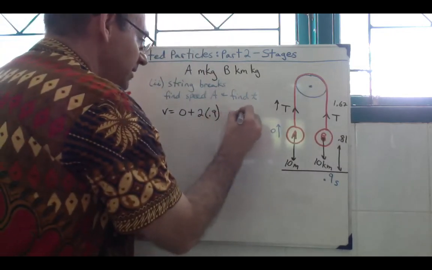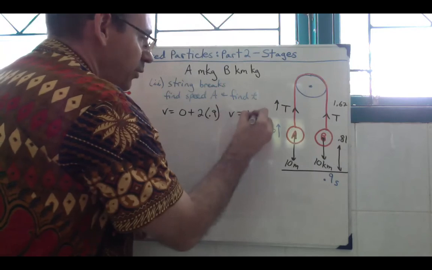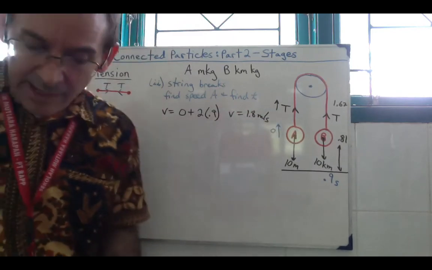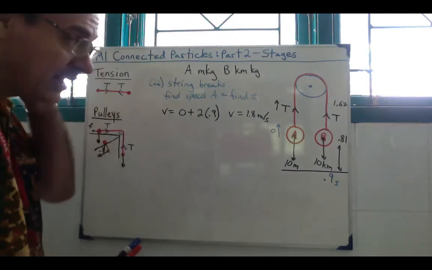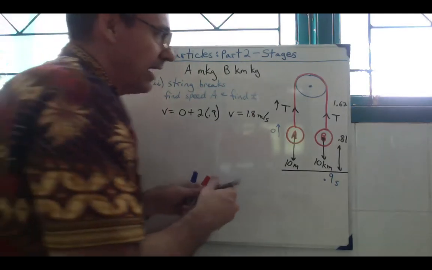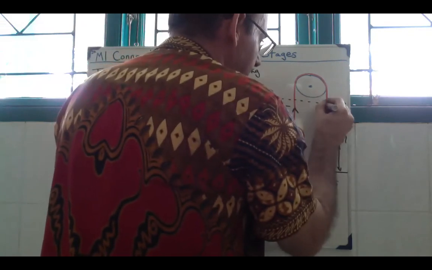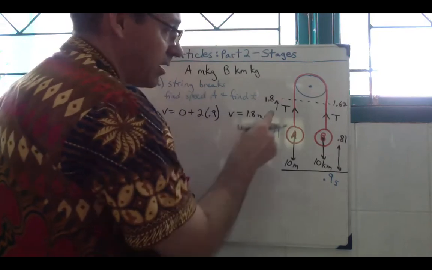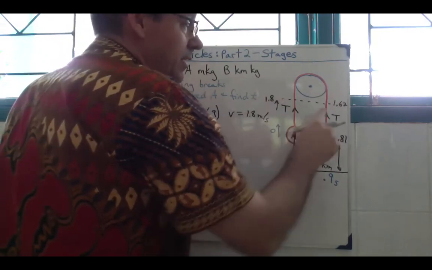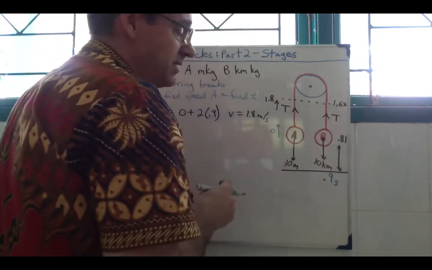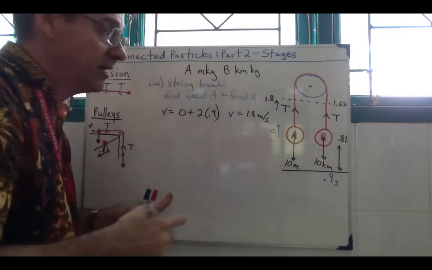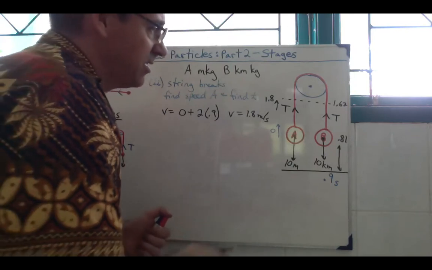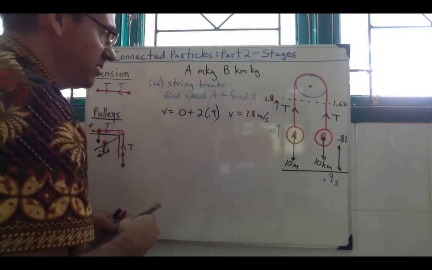So our velocity is 1.8 meters per second. Now that we're up here at this level, we have 1.8. Our velocity is still going up. We're at a height of 1.62. Now we can solve for the time that it takes for our object to get to the ground.